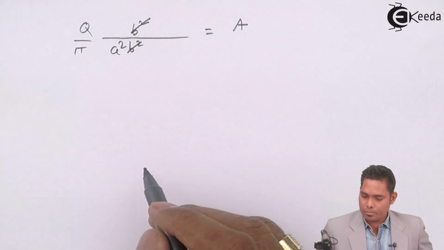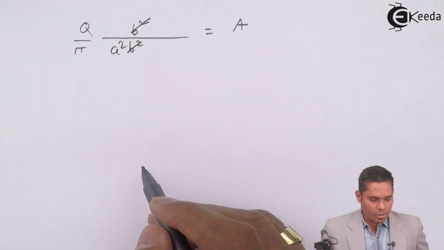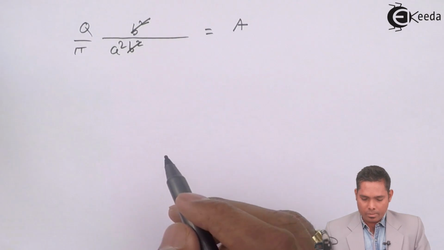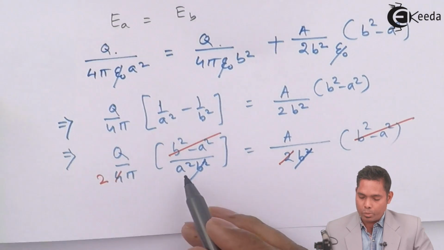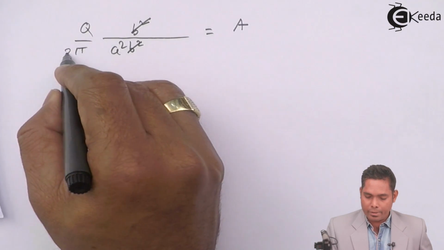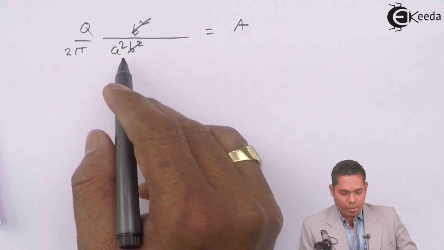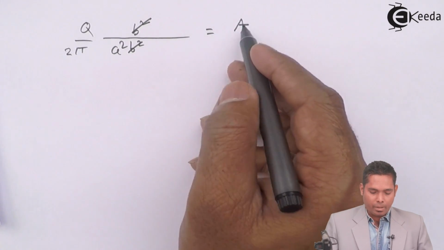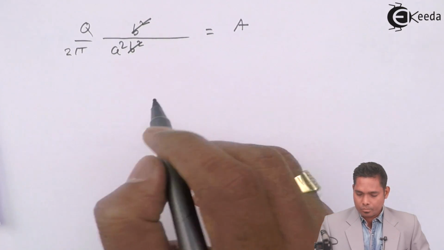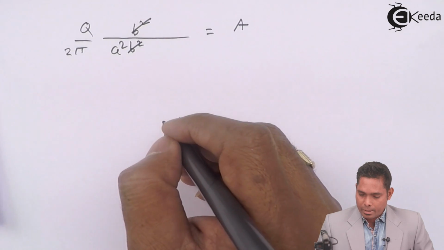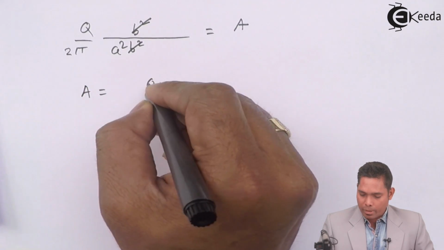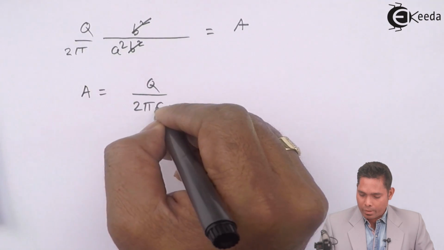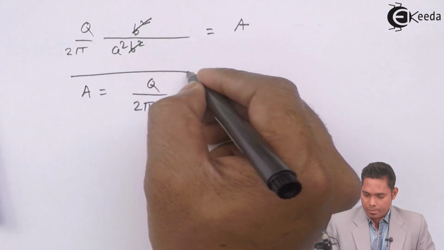That's all. Okay, that is there, and q upon 2 pi a square equals a divided by nothing. So from here I am getting a equals q divided by 2 pi a square.